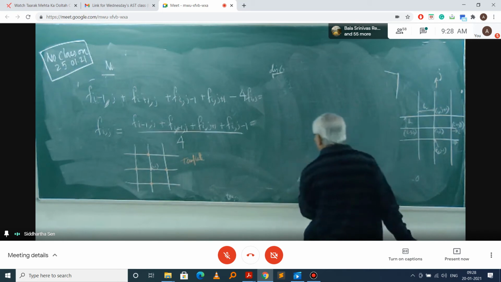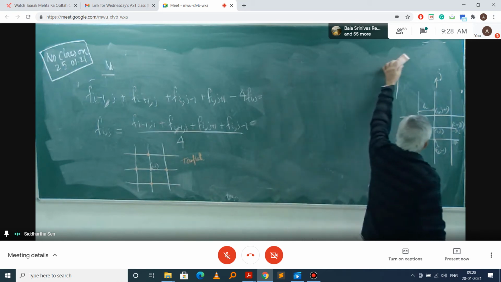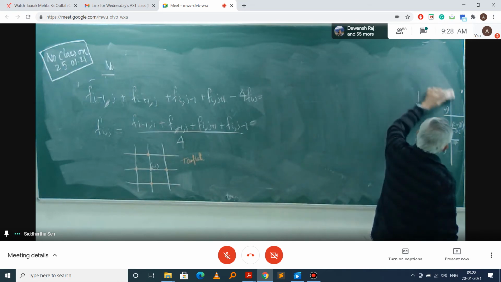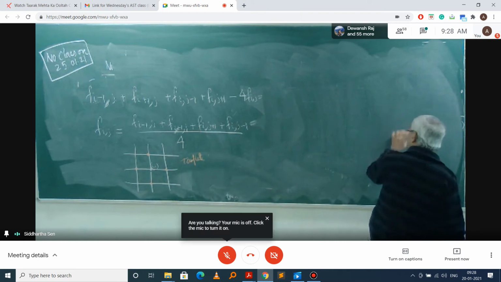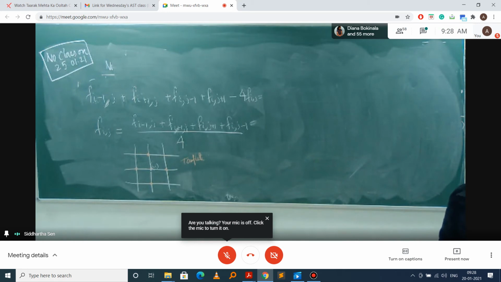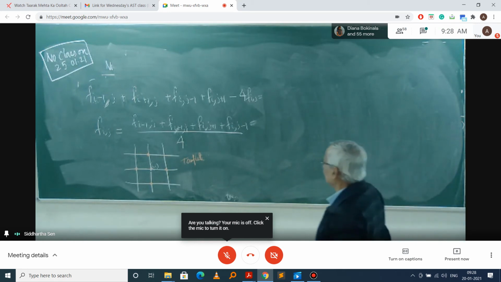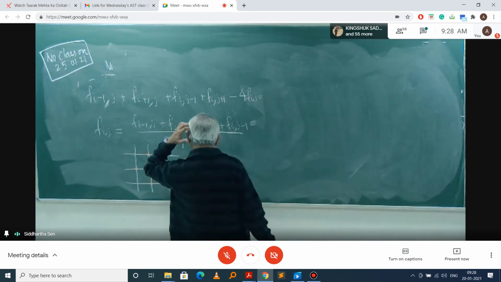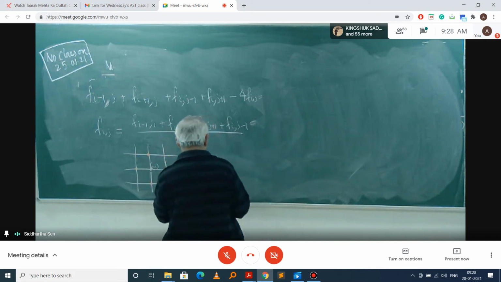Okay. So I would leave it to you for solving this one. Some of the potentials may be known, some of the potentials may be unknown. So we can find similar types of equations for every point there, and from there I can write it down.